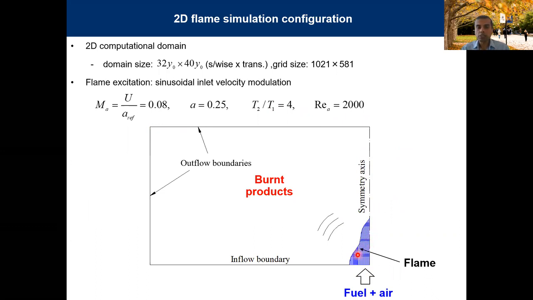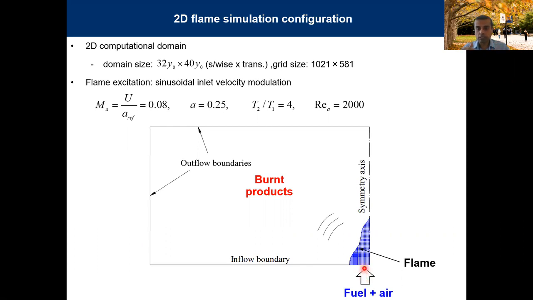So similar to the video, what we have is fuel and air coming in from the inflow boundary, and we have an open flame, which means we have outflow boundaries. The computational domain was set up such that we can avoid numerical reflection from the outflow boundaries. We excite the flame or perturb it using a velocity modulation.